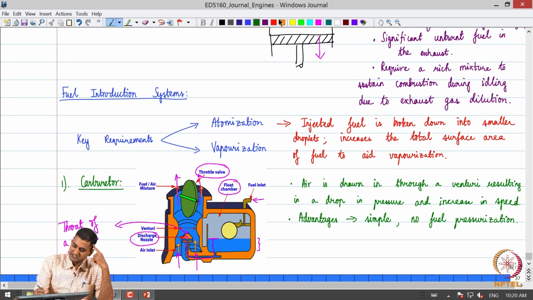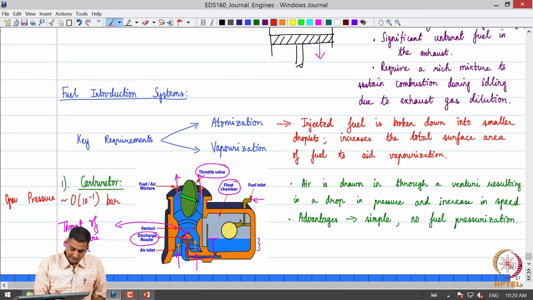So the pressures typically in a carburetor are of the order of 1/10 of a bar. Okay, so that is the range of the operating pressure difference.